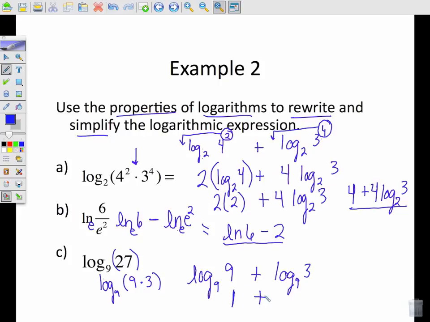Log base 9 of 9 is just 1, plus log base 9 of 3. 9 to 3, it's getting smaller, so it has to be a fraction. It's also a square root of it. The square root of 9 equals 3, so that exponent would be 1/2. So final answer, 1 plus 1/2 is 1.5.